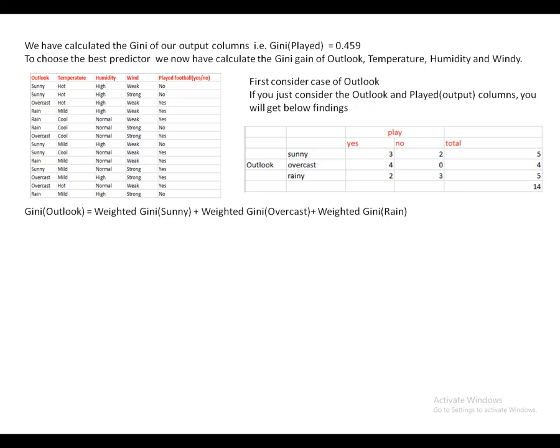So the Gini of outlook is equal to the weighted Gini of the sunny category plus the weighted Gini of the overcast category plus the weighted Gini of the rainy category. Now let's substitute our values in the formula.